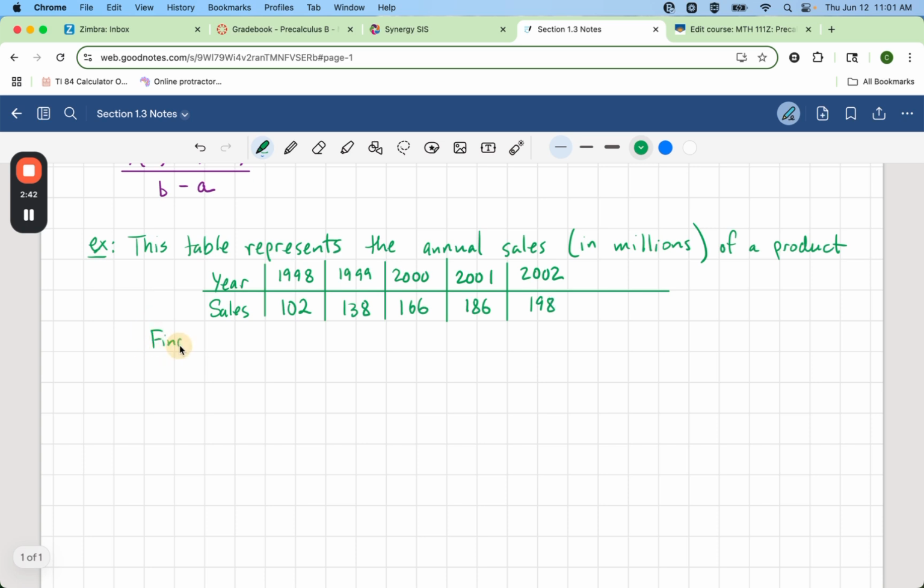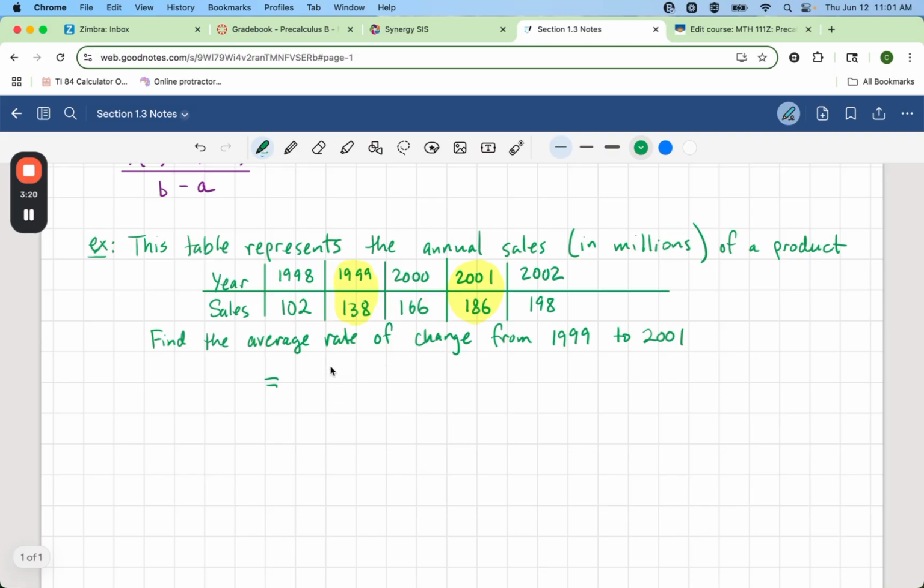So find the average rate of change from 1999 to 2001. If I look at the sales, those are my function values. So I'm looking at these 2 points right here from 1999 until 2001. Those are the 2 points in question.